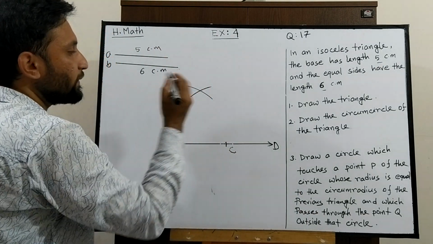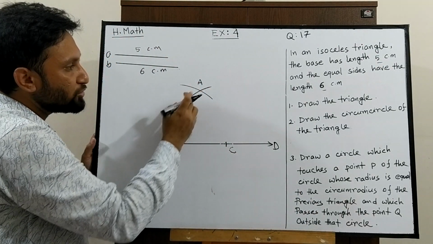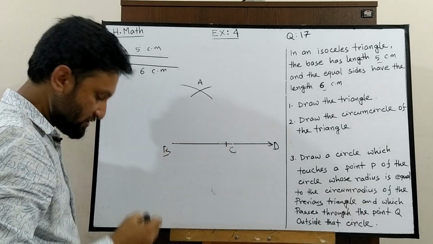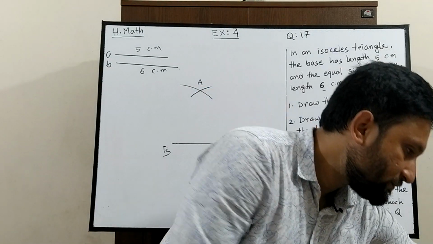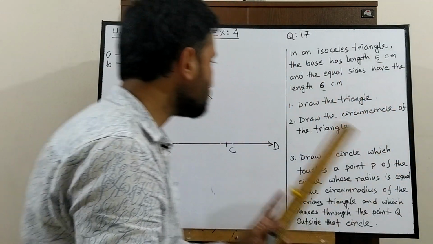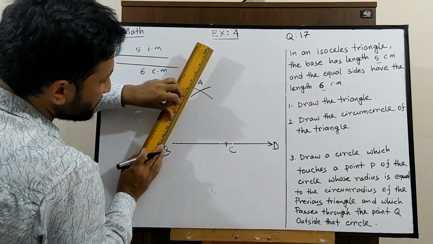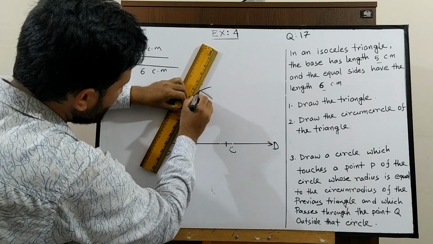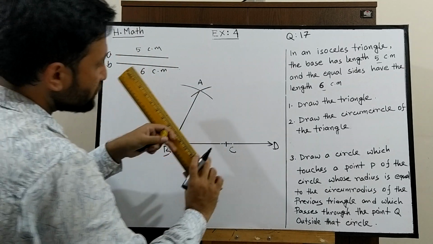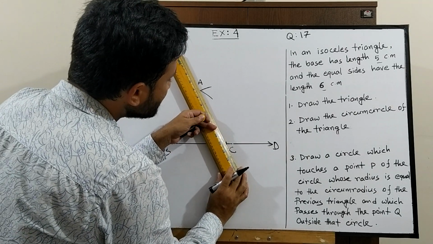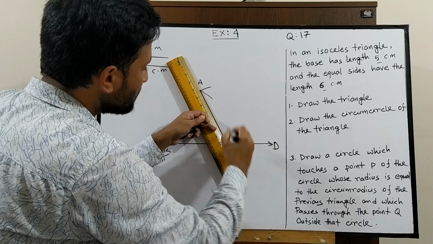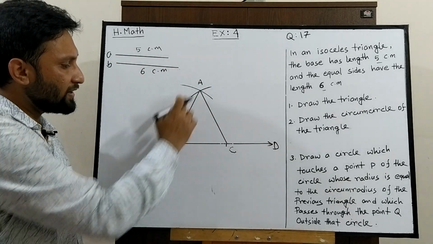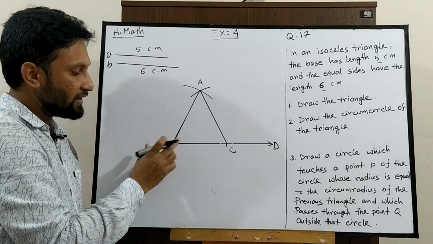Imagine this is point A. Now join points A and B, and again join points A and C by using a scale. So ABC is the required triangle where AB and AC are the equal sides and BC is the base.